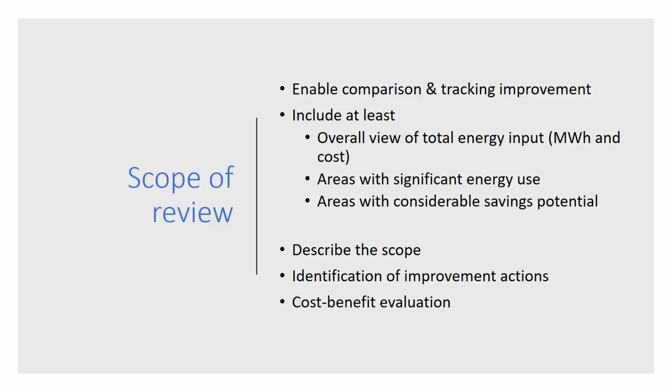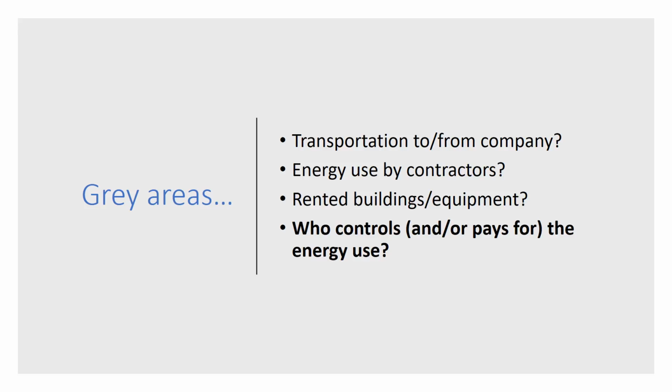Regardless of how you decide to define the scope of your review, make sure that you describe clearly what you decide to include and exclude, so you know later whether the final results are directly comparable to others or not. Apart from looking at the energy balance of your company, the review should identify potential improvement actions and do a cost-benefit evaluation of these.